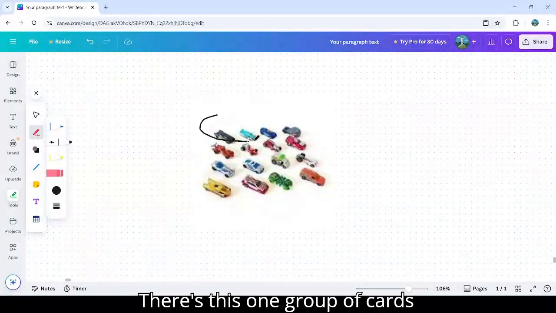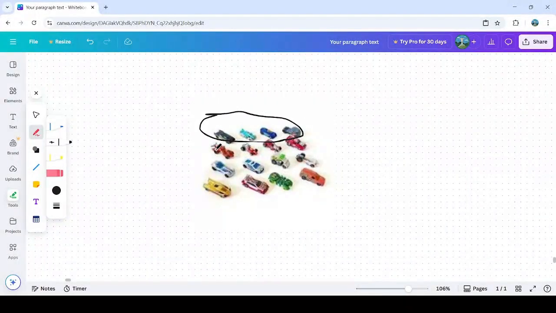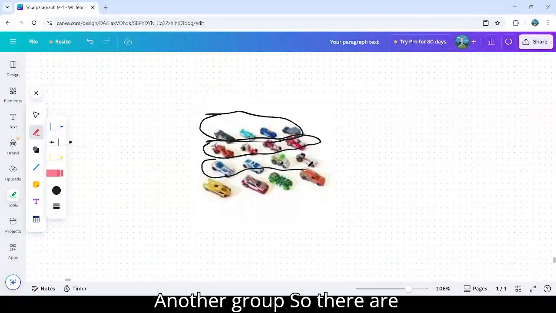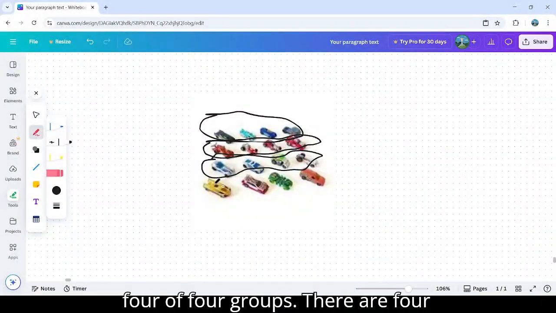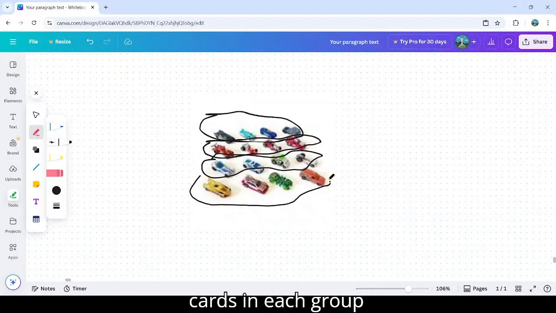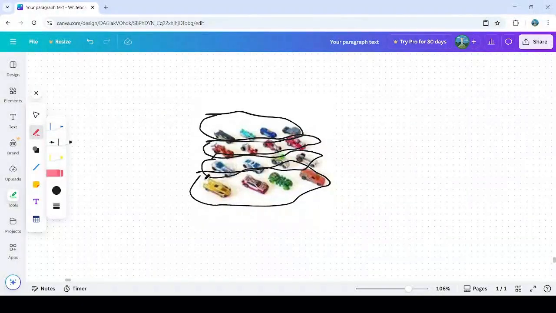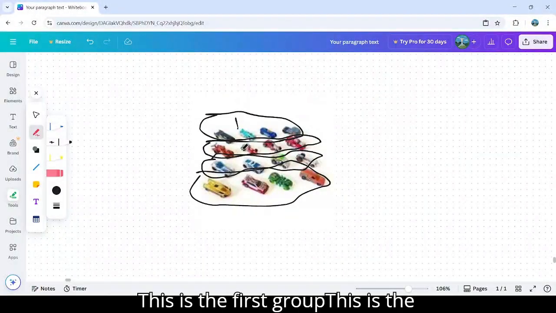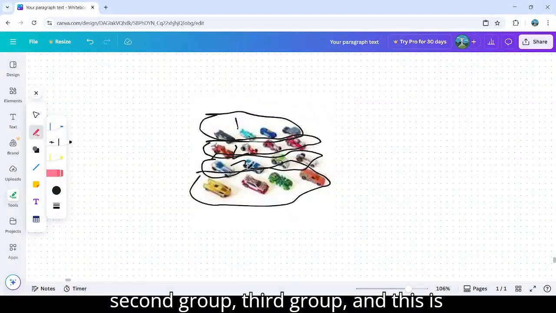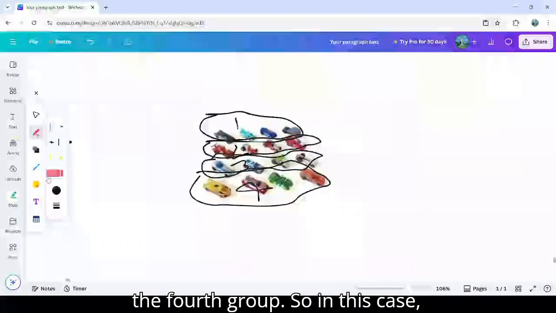This is one group of cards, this is another group, another group. So there are 4 groups, and there are 4 cards in each group. This is the first group, this is the second group, third group, and this is the fourth group.